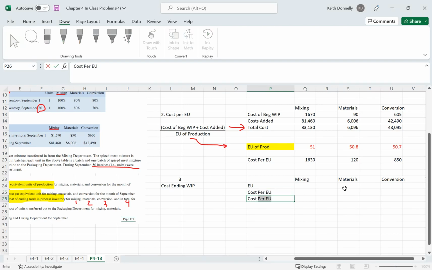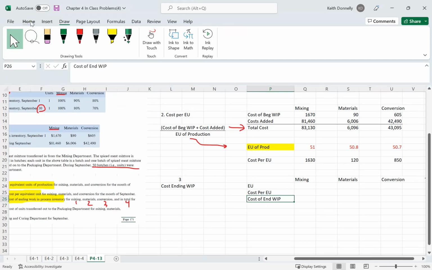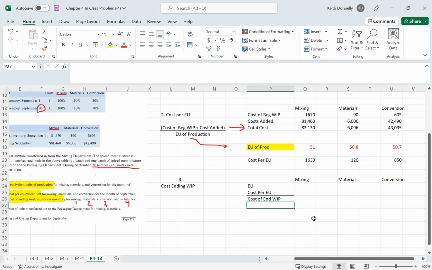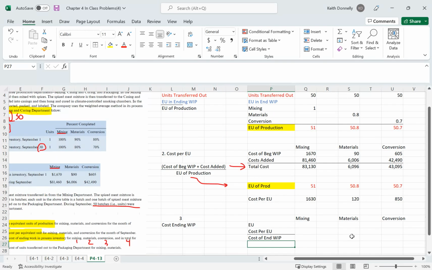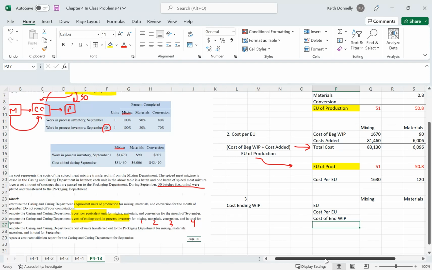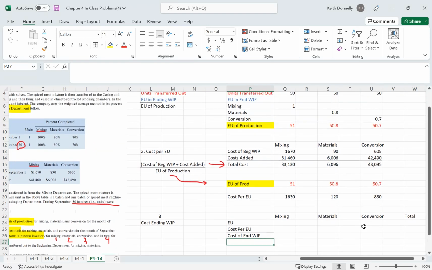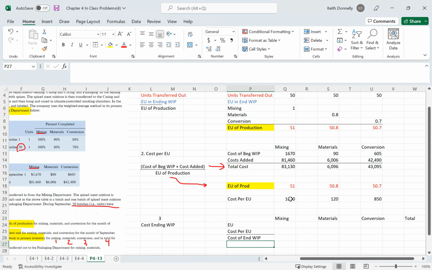That gives us the cost of our ending WIP. Our equivalent units we've already done, so we can just link these down.